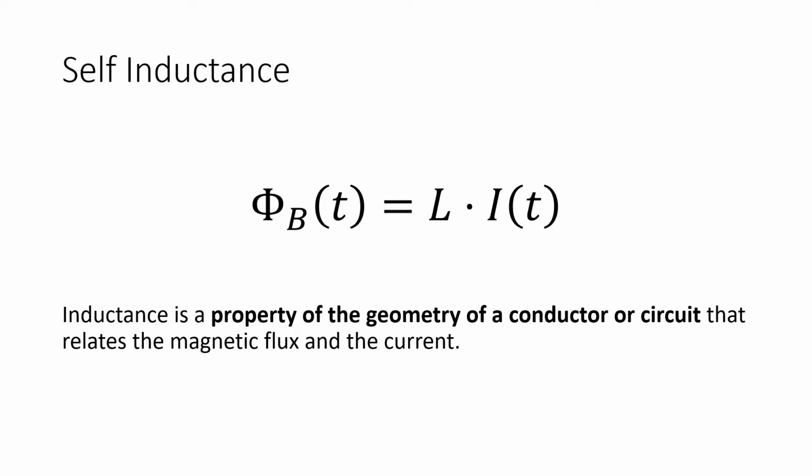And so self-inductance, or as you normally just say, inductance, is a property of the geometry of usually a circuit, but it could also be a conductor, the geometry of a circuit that relates the magnetic flux to the current. And so inductance is really just this constant that we've given it such that it relates these two things.